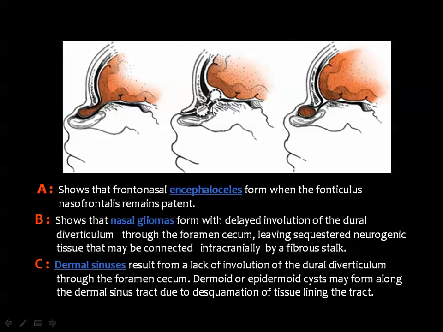But if the duct is regressed with residual remaining glial tissue, you may get what is known as nasal glioma, which may be extranasal or intranasal or both. Then if there is incomplete involution of the dural diverticulum, you may get the dermal sinus and dermoid cysts.